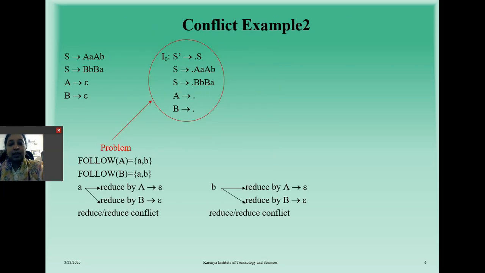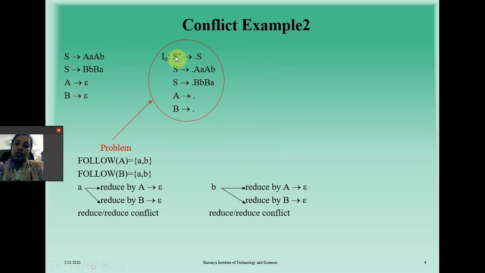There is another example which talks about a reduce-reduce conflict. Here we have a grammar with four productions: S produces A B and S produces B, A produces epsilon and B produces epsilon.